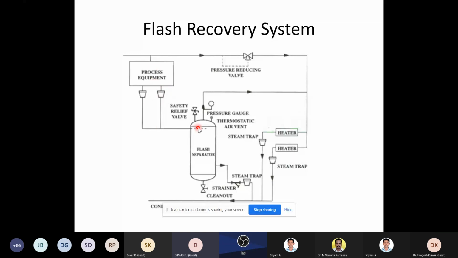It comes here, and when high pressure condensate sees a low pressure, it flashes into low pressure steam. Here it may be coming at 9 bar condensate. In the flash vessel, it flashes into lower pressure, so you get 2 bar steam here. 2 bar steam can be used for some other applications. This is the flash steam concept.